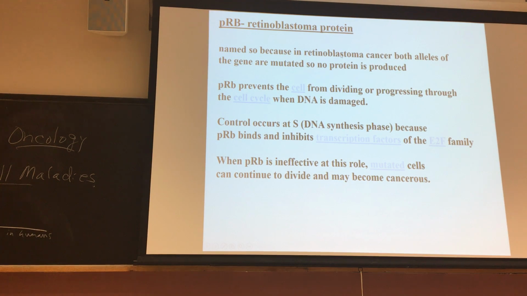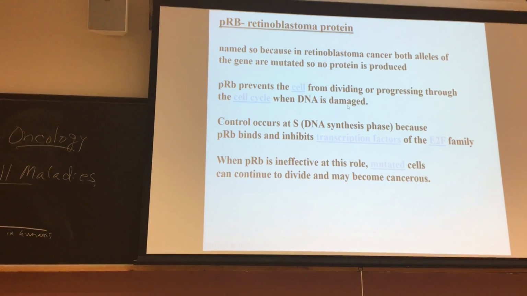But if you knock out the second one, you're going to end up with a cancerous condition. And the reason you do is because the RB protein prevents the cell from dividing or progressing through the cycle when DNA is damaged. So if you damage this, you damage this check, and the cell can proceed through the cycle without that regulation.